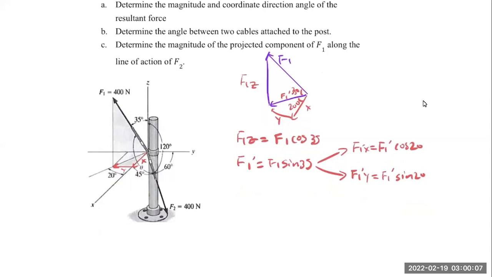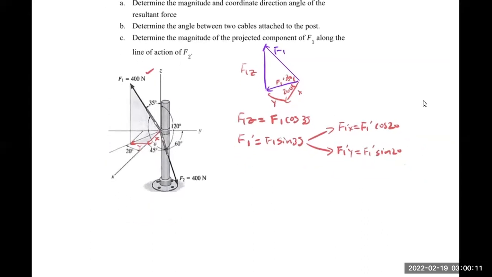We know that F1 is equal to 400, as stated here, so we can write this out. F1 equals 400 sine of 35, cosine of 20 for the X component.